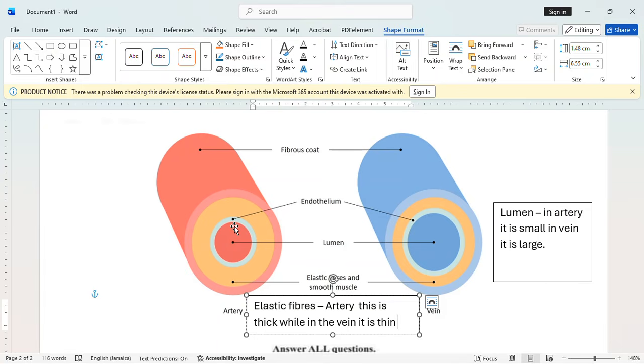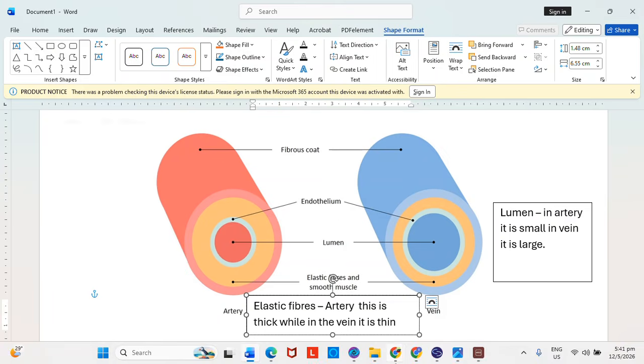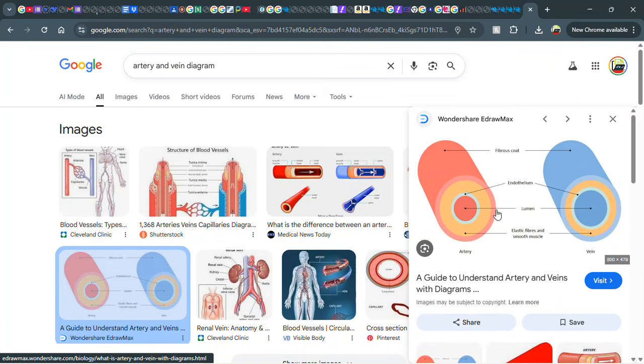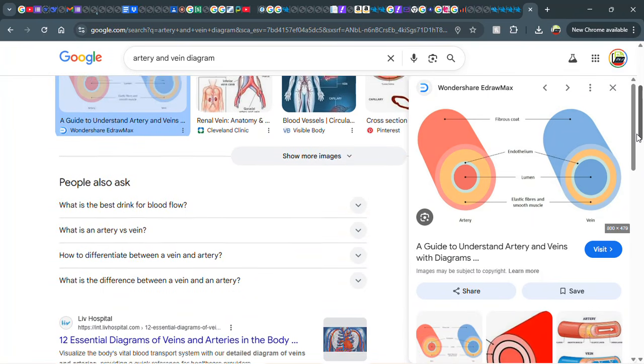So even the walls of the vein, they're not thick.